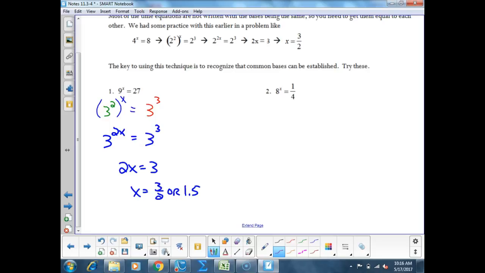So then I can switch forms. Okay? So what is 9 to the x power equals 27 in logarithmic form? Log base 9 of 27 equals x.